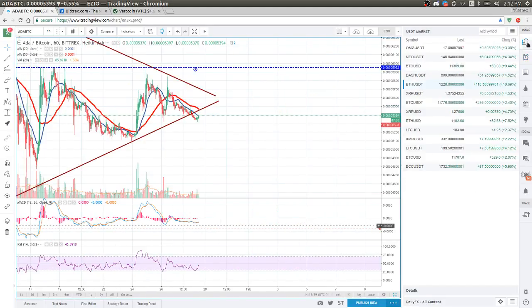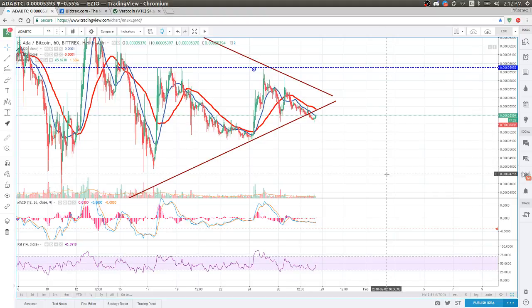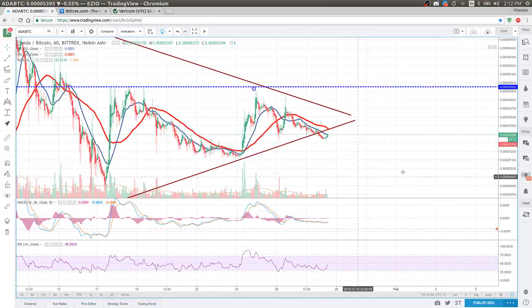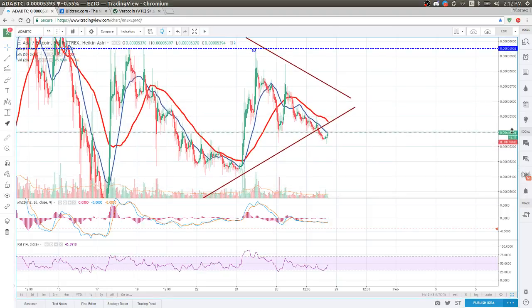You know, this thing can happen even when it breaks. Sometimes there is a break and it goes back down. It's a fake break, and we need to see a bounce off the pennant to go again. And this thing can be a fake break too, right? So it broke that pennant and now it's going back up.